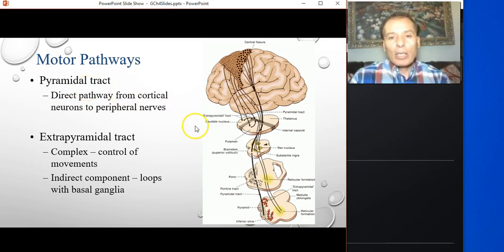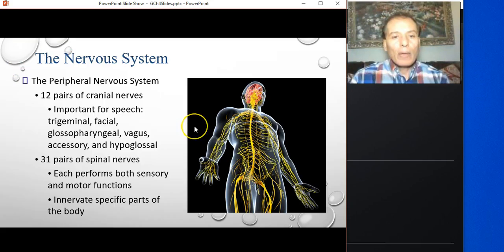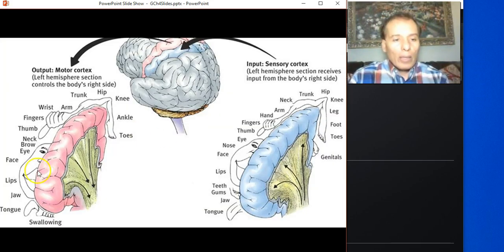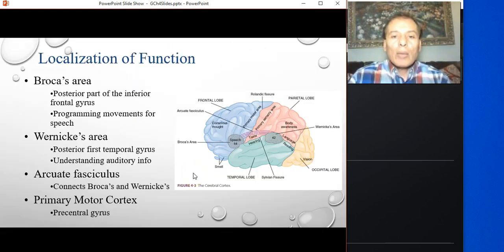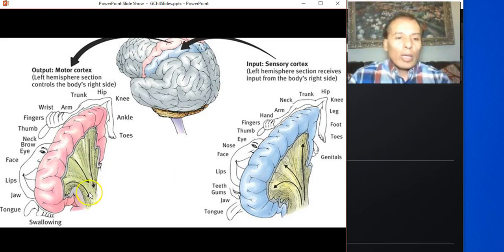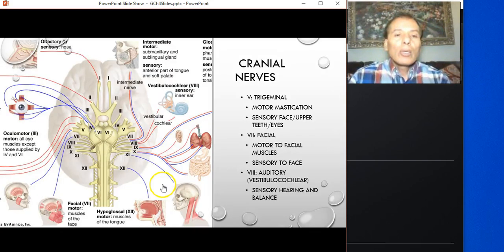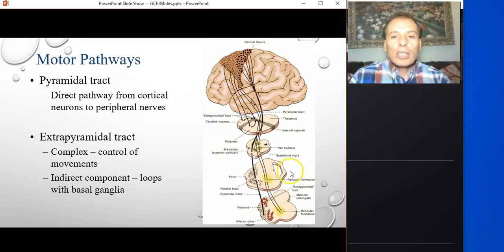When you go back here, this is the motor cortex. And out of the motor cortex, we said we have a map that moves different parts of the body. Then all of these cables, big bundles of them, go down. As they go down, you establish a pathway that goes down through the brainstem and the rest of the spinal cord.